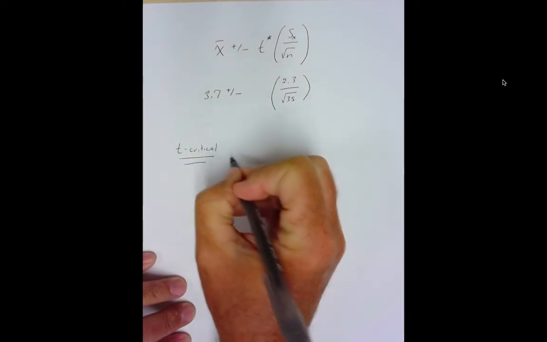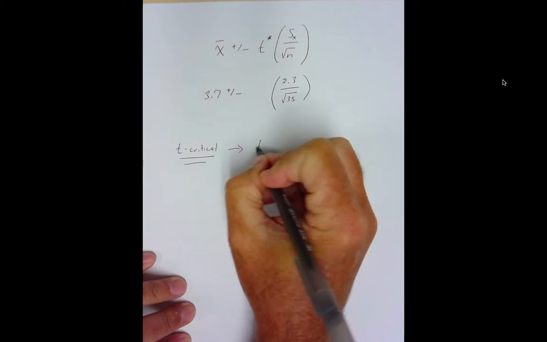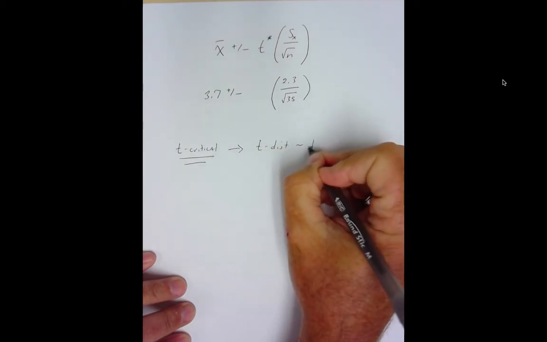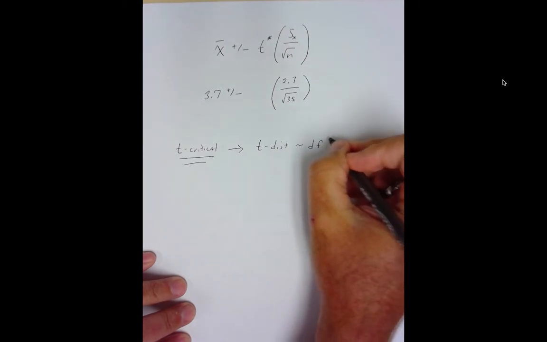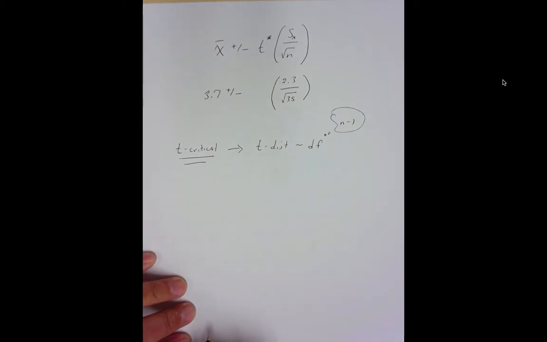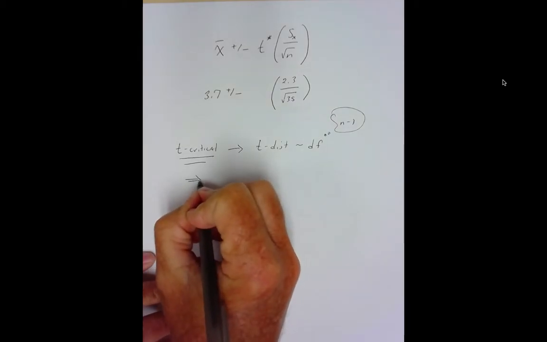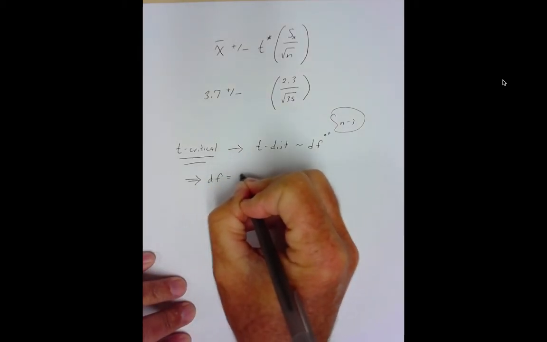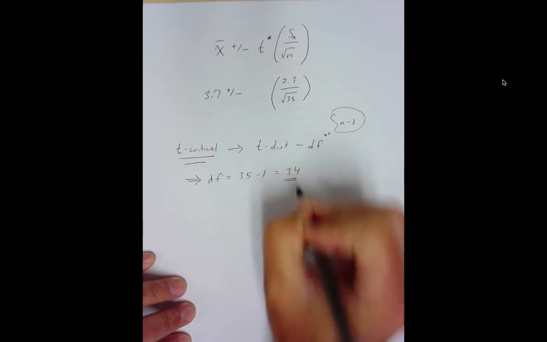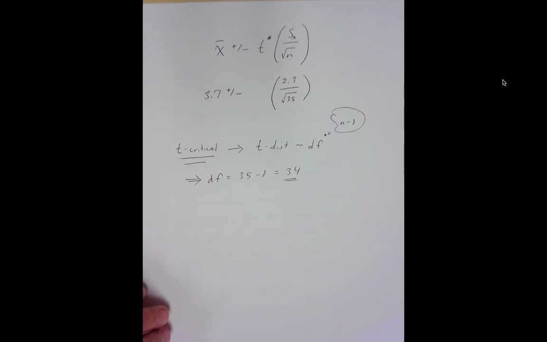Now guys, remember, this t critical comes from what's called a t distribution, which is a function of degrees of freedom, which is nothing more than the sample size minus 1. So for our problem, our degrees of freedom are 34.